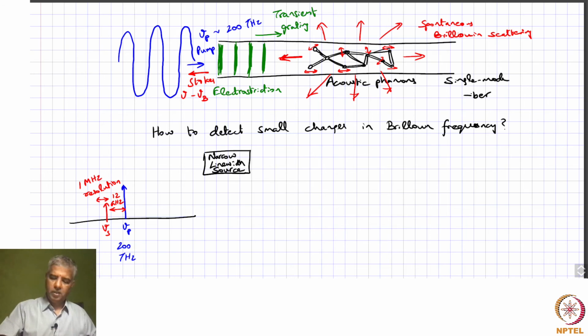That grating will now be more like a weak grating. Maybe it will be slightly stronger in certain regions, but the refractive index change, the contrast that you get, is small, and that means the amount of Stokes backscattered signal will be very small.